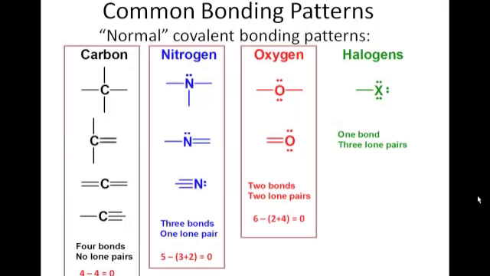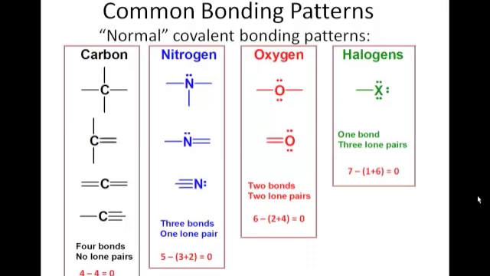For oxygen, 6 electrons in the valence shell, and the number of electrons that I assign to oxygen is equal to the number of bonds plus the non-bonding electrons, or 2 plus 4. 2 bonds plus 4 non-bonding electrons. So I have a formal charge of 0.